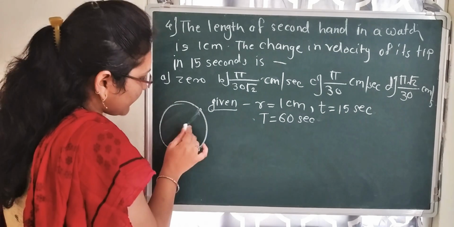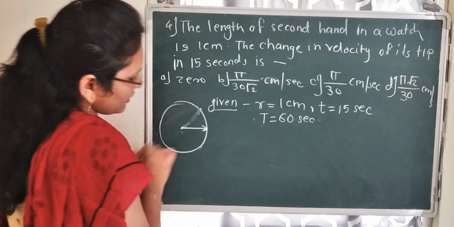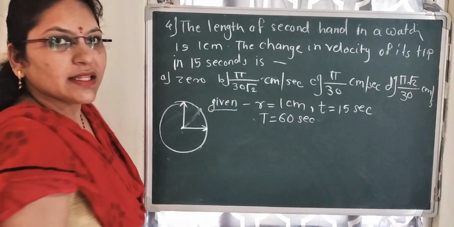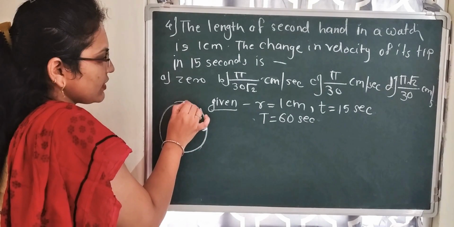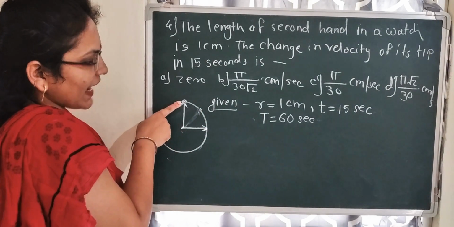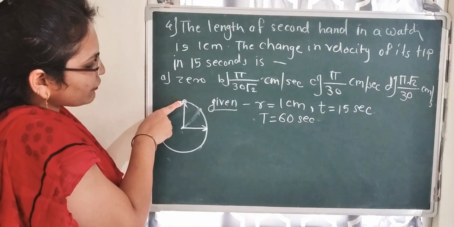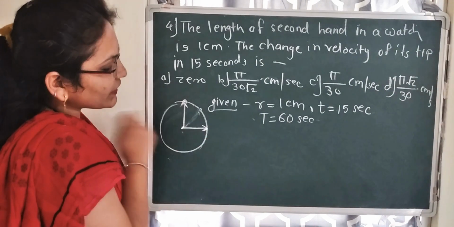the angle will be 90 degree. Suppose the tip is initially at this position A. After 15 seconds, where will it go?